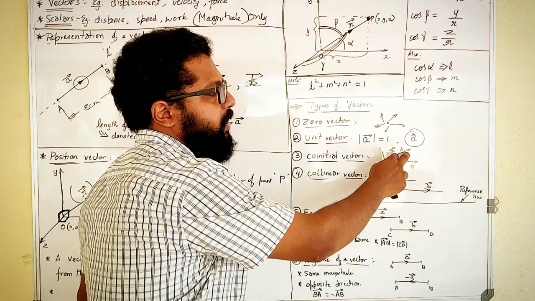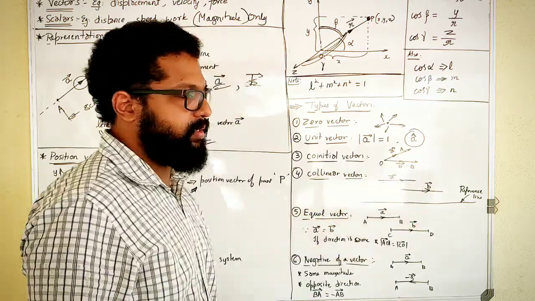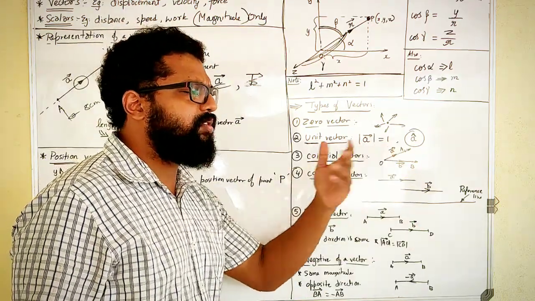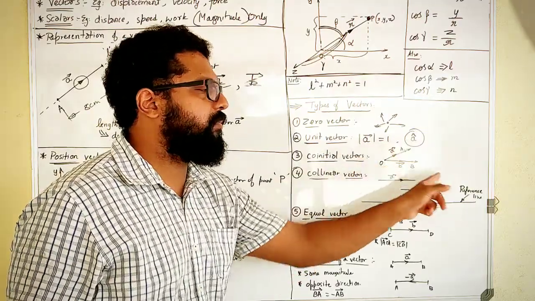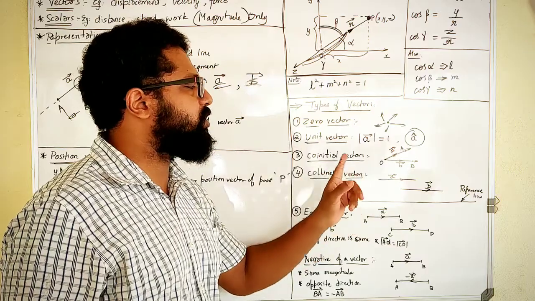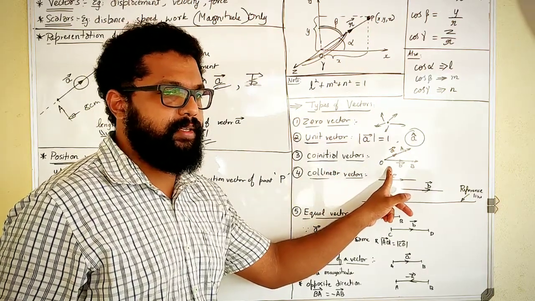The A vector ends at A and the B vector ends at B. Such types of vectors are called co-initial vectors. The magnitude doesn't matter, whether A is bigger or B is bigger, it need not be the same. The only condition for co-initial vectors is that the initial point should be the same, nothing else.